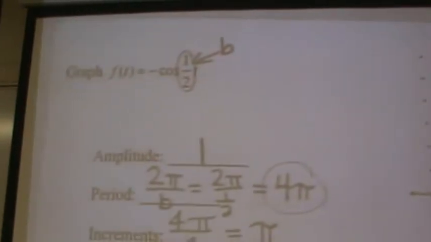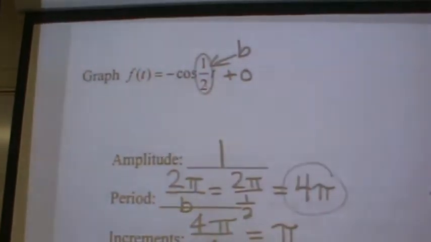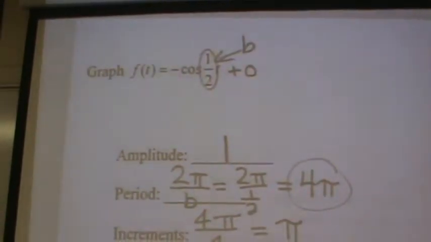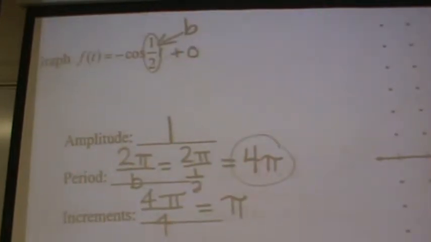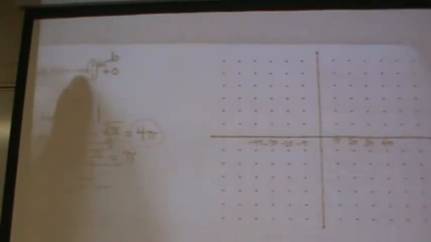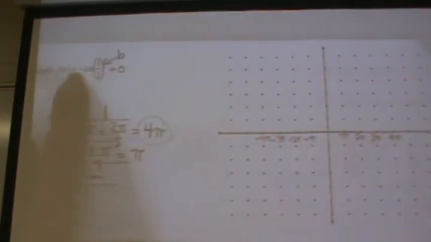Now, is there a vertical shift on this one? Is there a shift up or down? No, so write nothing. So how would you graph this now? What does the cosine graph look like? And now, remember, it's a -1 here. So where are you going to start? Good job. Start down 1.